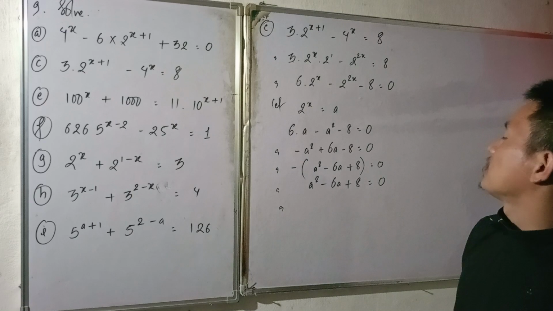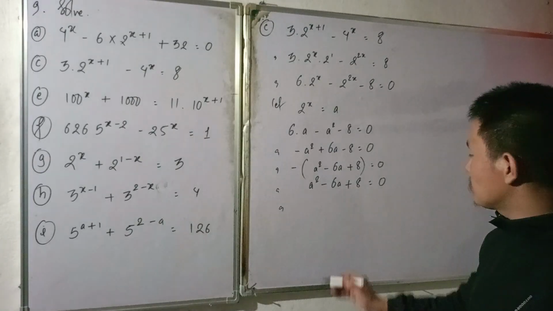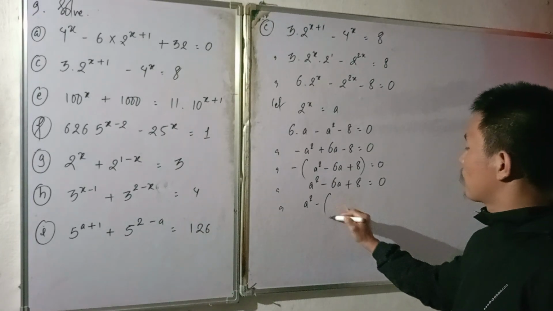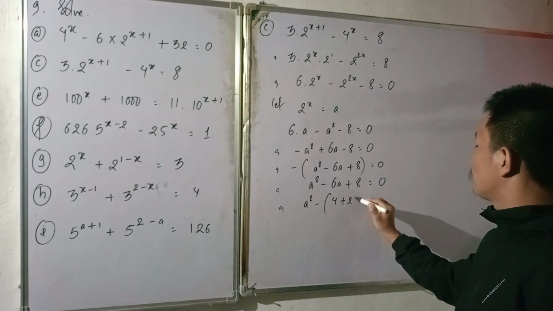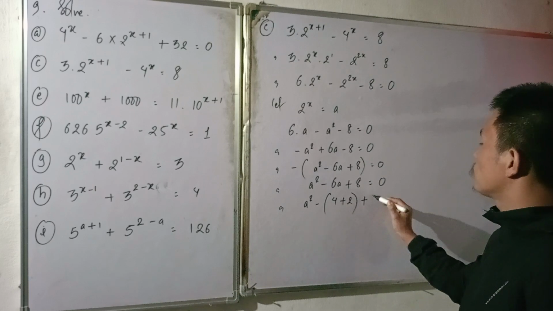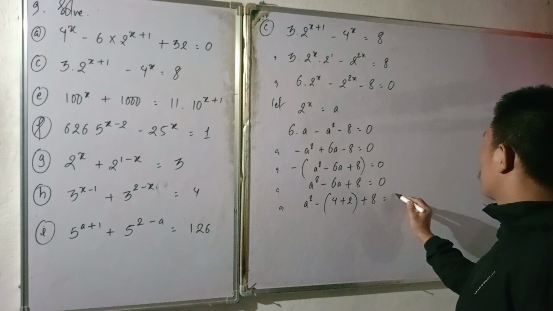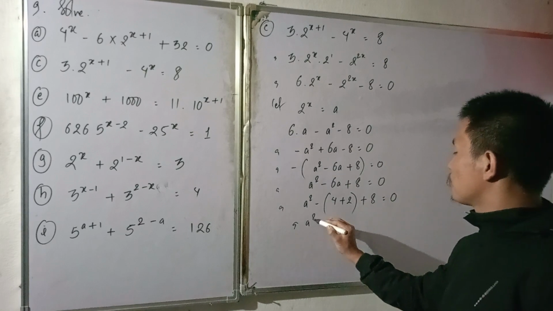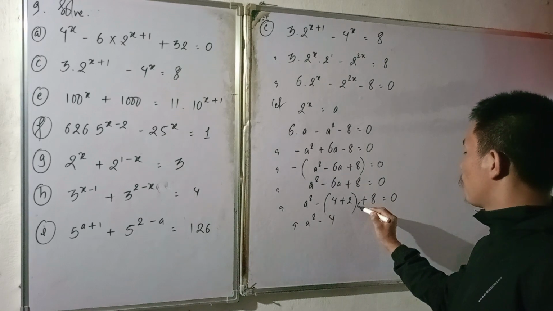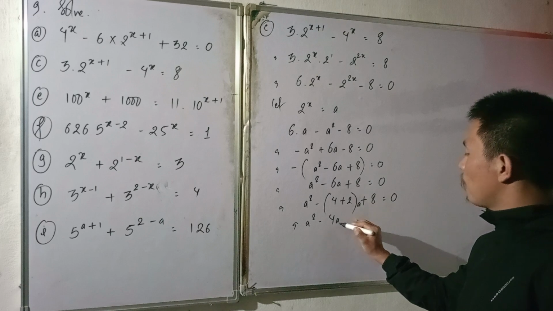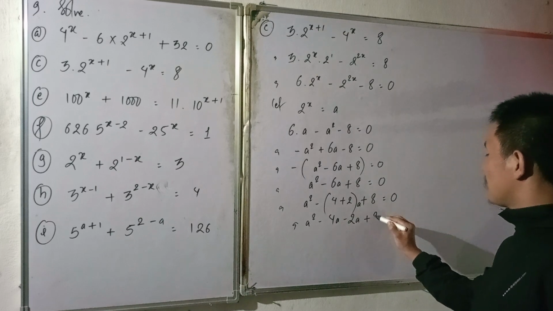Now we just factorize this. Two numbers whose product is 8 and sum is 6: 4 and 2. So a squared minus 4a minus 2a plus 8.